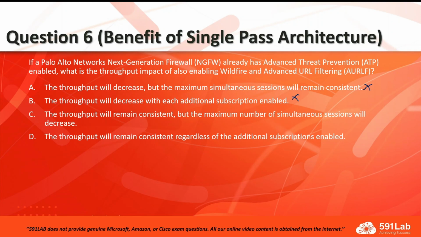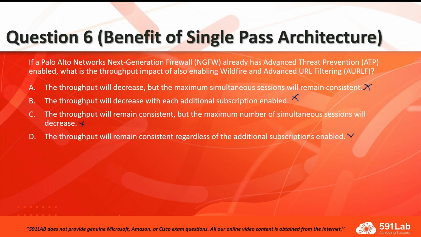Or C, the throughput will remain consistent, but the maximum number of simultaneous sessions will decrease. It's not the answer either, because there is no impact on the sessions. And the last one is D, the throughput will remain consistent regardless of the additional subscriptions enabled.